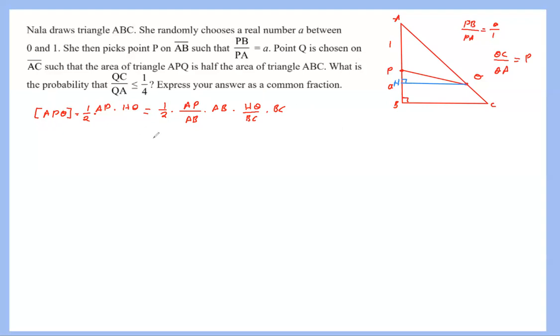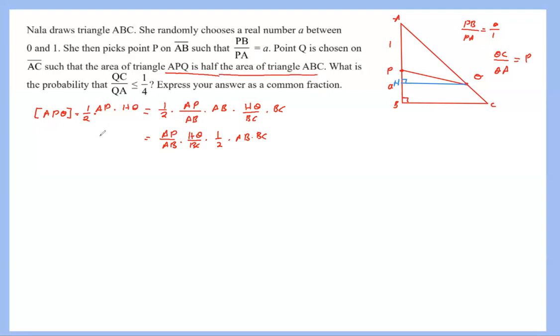So let's rewrite this a bit better. Okay, so that could be written as AP over AB times HQ over BC times 1/2 times AB times BC. Like we are told the area of APQ is half of the area of ABC, right?